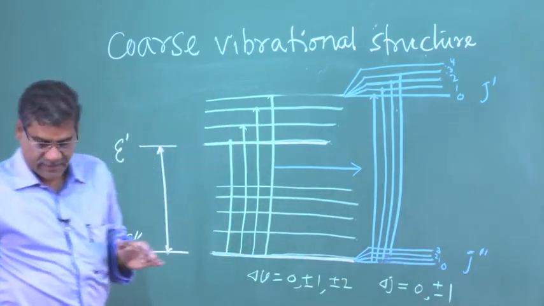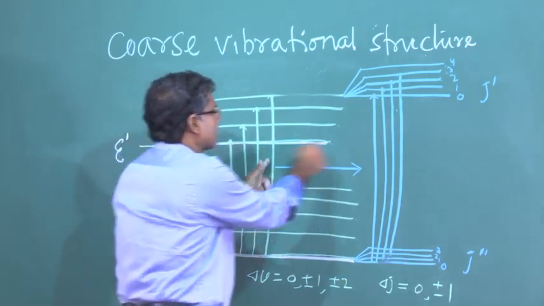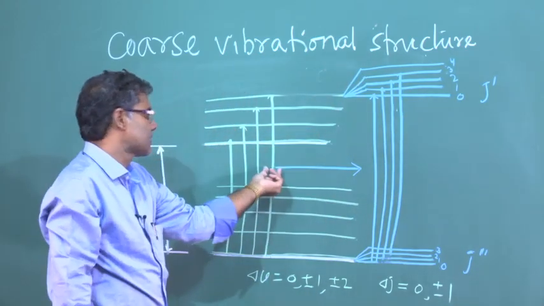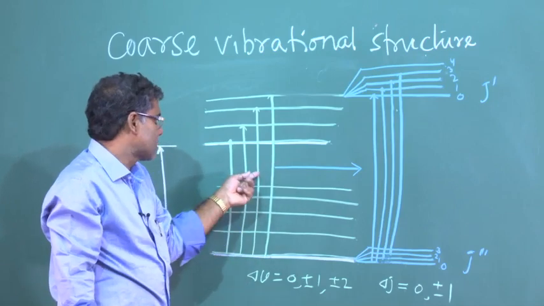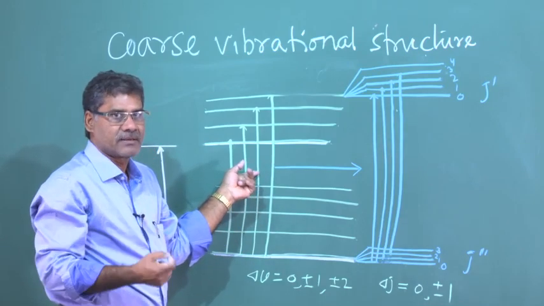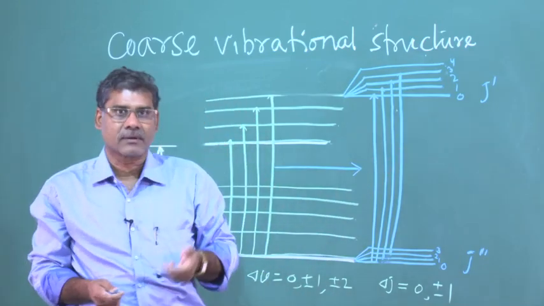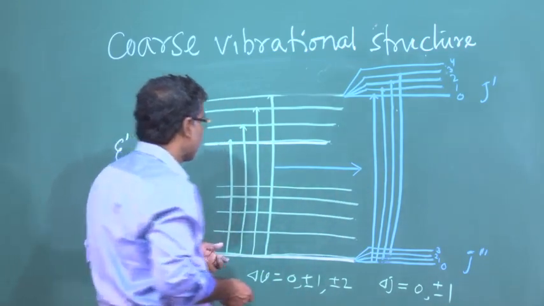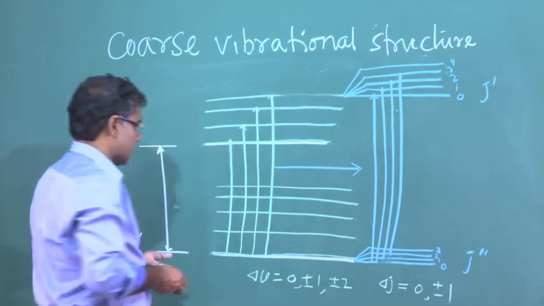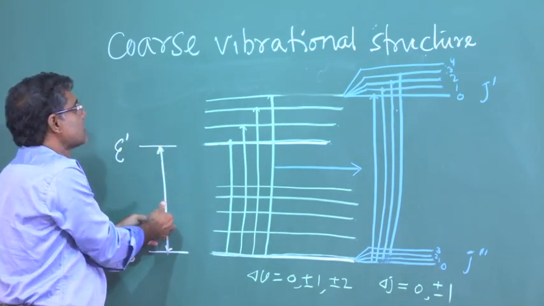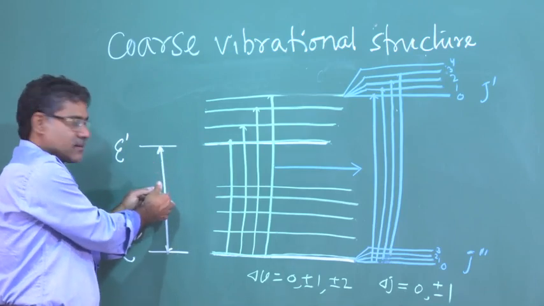So, basically I have shown just one here, this consists of many lines. Okay. Similarly this one also consists of many lines, but their spacing is really very small, in the range of 10 to the minus 1 centimeter inverse. Okay. So, this is basically one electronic spectral line.